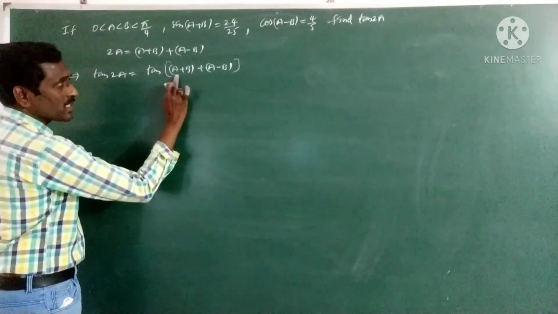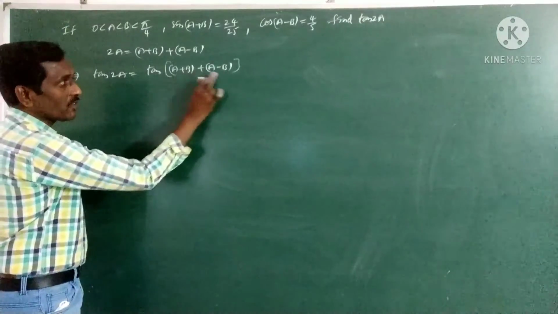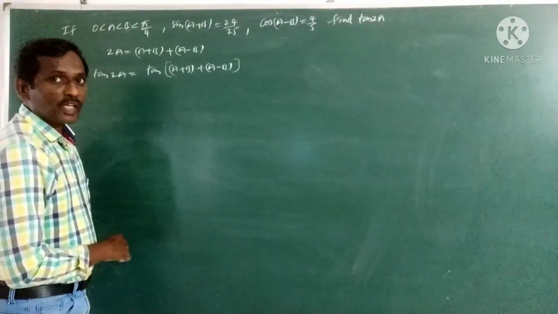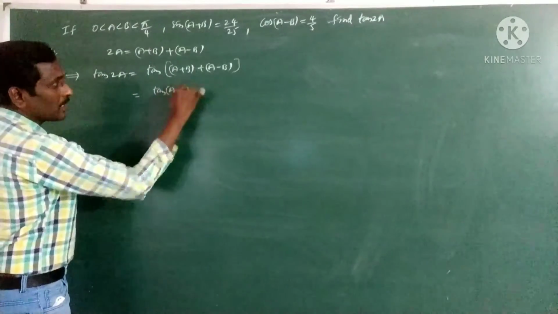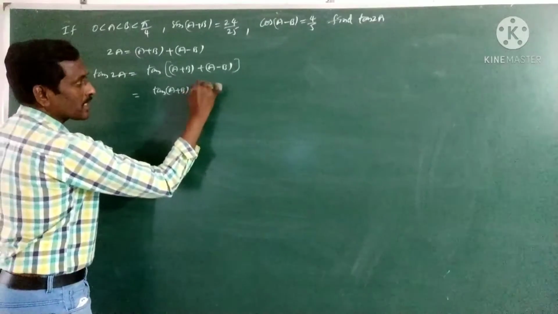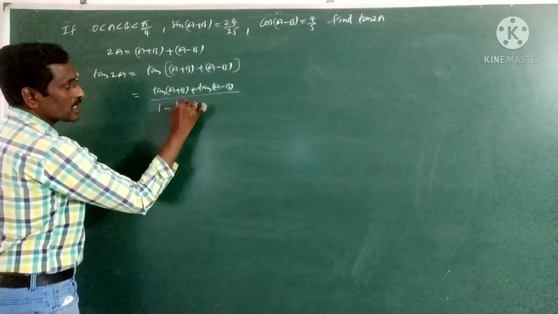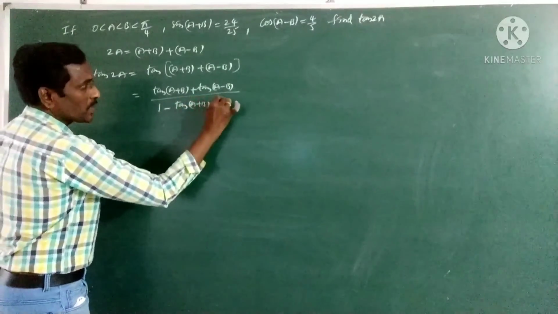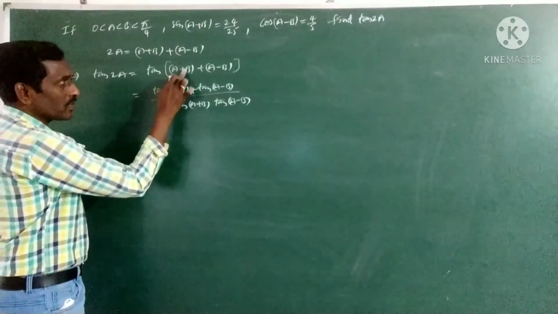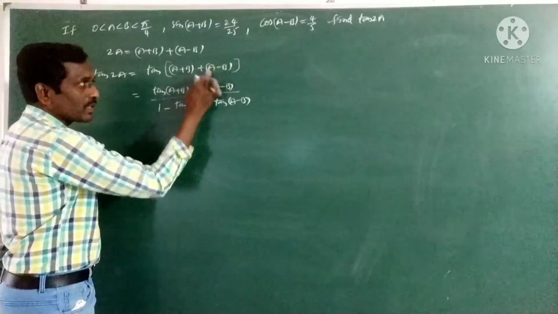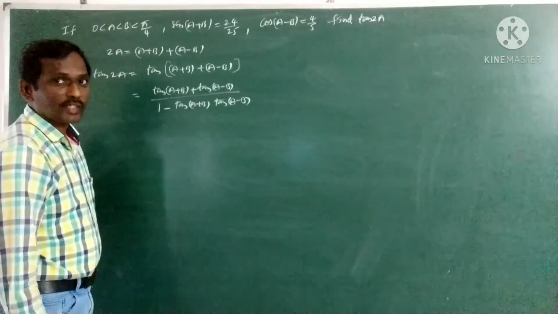Now assume these are the angles theta 1 and theta 2: tan of theta 1 plus theta 2. Write the formula: this equals (tan(a + b) + tan(a − b)) divided by (1 − tan(a + b) tan(a − b)). This is the tan of A plus B formula: (tan A + tan B)/(1 − tan A tan B).